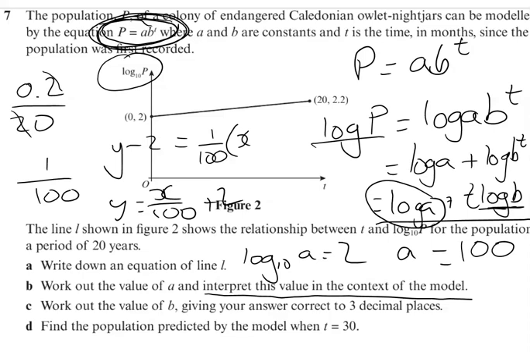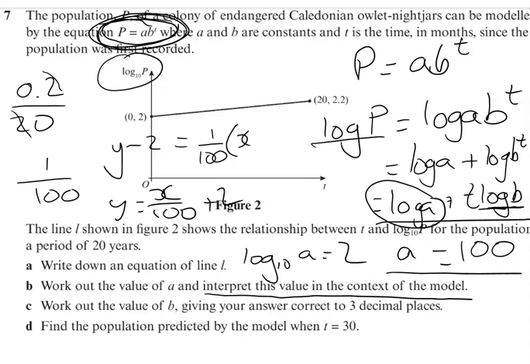So in this context, you've got to think, okay, well, what happens when there is no t? When t is 0, b to the t is 1, and 1 times a is just a. So this value is the initial number of owlet nightjars or something. Whatever it is. It's the starting amount at time equals 0. It's the initial amount of things.